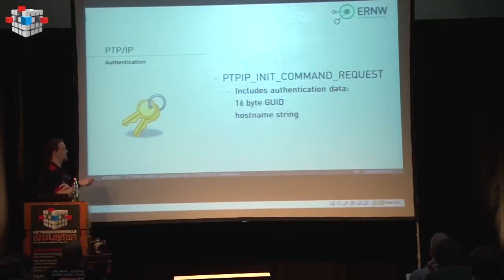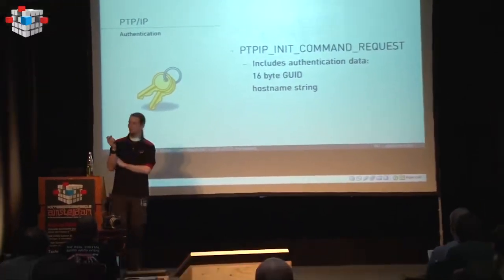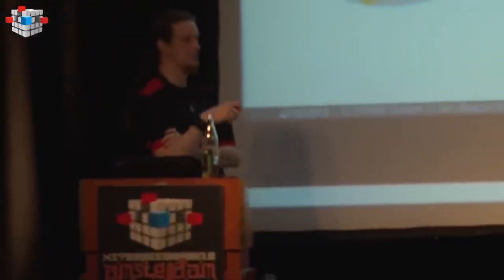And this command includes the authentication data, which is a 16-byte GUID and a hostname string. Okay, when I first saw this, I thought, oh wow, this looks really secure. They got like a hostname string and a 16-byte secret. That would be hard to brute force.